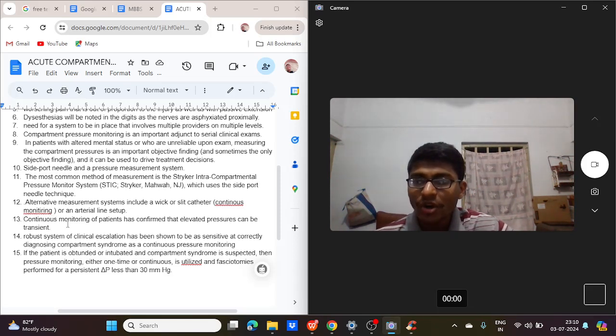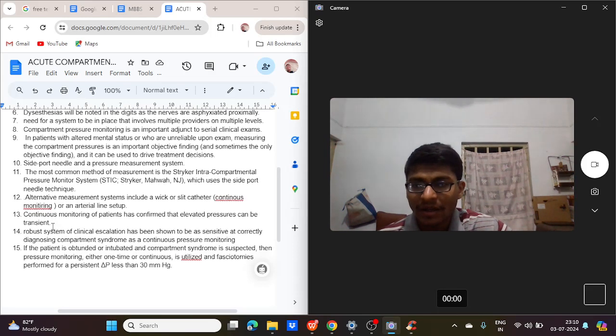Continuous monitoring has confirmed that there can be elevated pressures which are transient, so it needs repeated exams. Then we need a robust system of clinical examination and escalation, which is sensitive at correctly diagnosing compartmental pressures increasing as in compartment syndrome, similar to continuous pressure monitoring.